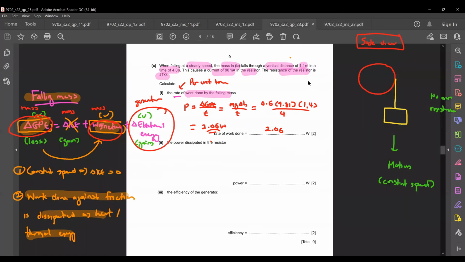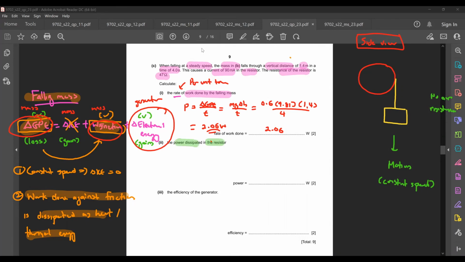All right. Then they ask you to find out the power dissipated in the resistor itself. So this one, you have value for current, you have value for resistance.